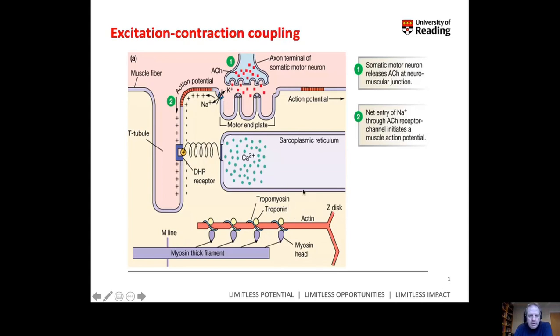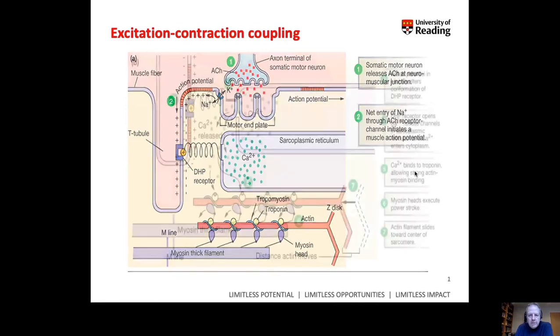We'll talk about the role of these in excitation contraction coupling as we go through. So essentially this first slide summarizes the steps in the neural side of excitation contraction coupling, so the excitation side of it, if you like.